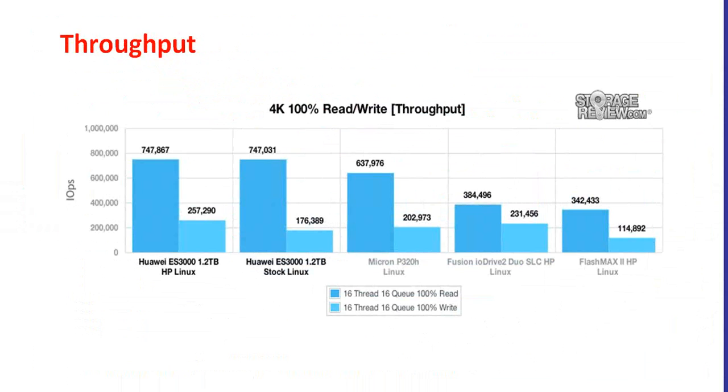And ours, again, 747,867 with our 2.4. Then you look at the Fusion IO, almost half. And when you look at the pricing, it is almost 30% higher than us with that performance. It's just outrageous.